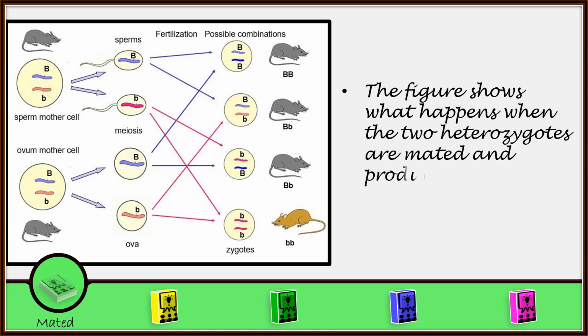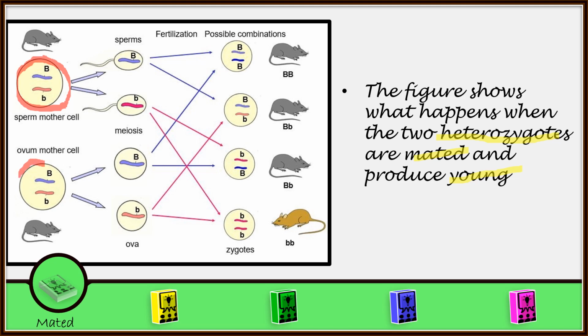The figure shows what happens when two heterozygotes are mated and they produce young. So let us study this diagram very well. We have now heterozygotes. Our heterozygotes have the same alleles: capital B, smaller b.